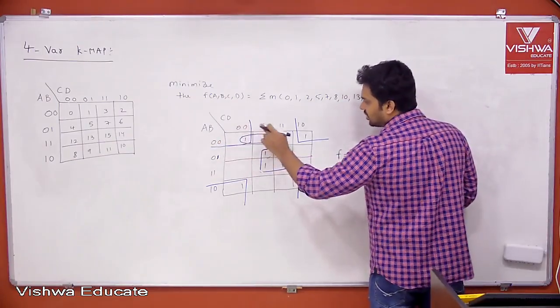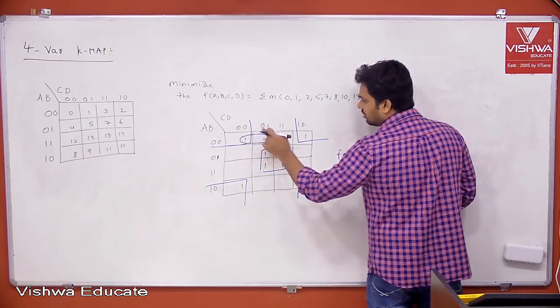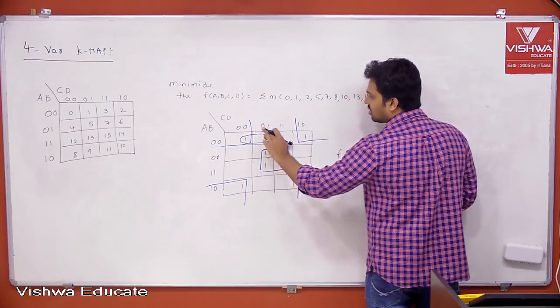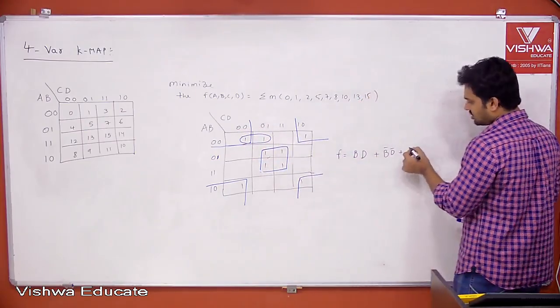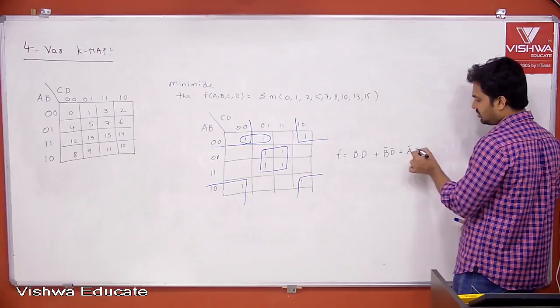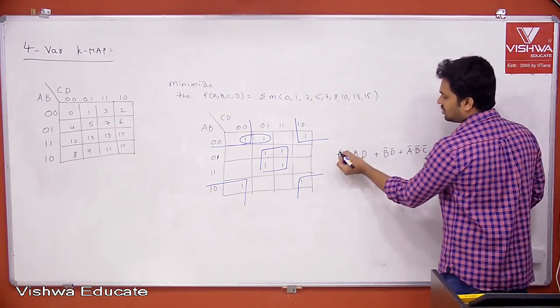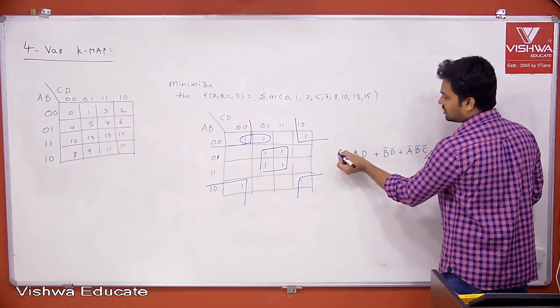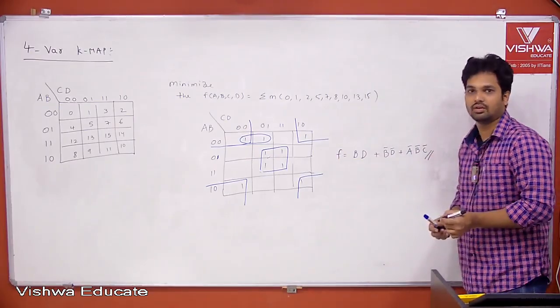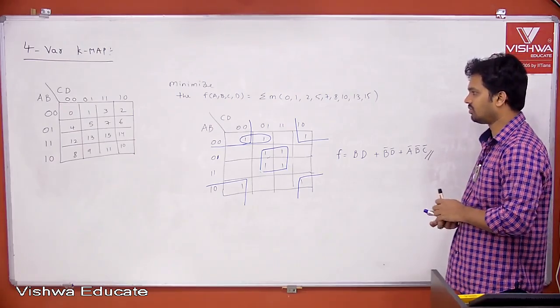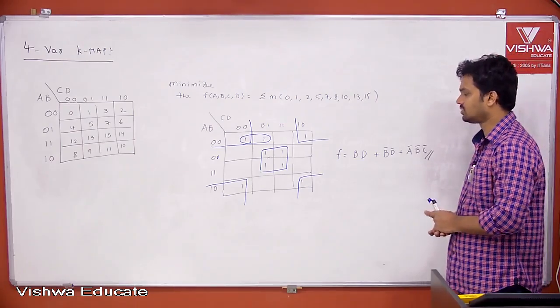And what is common in these 2 elements? First 0 is common, that is C bar. So what is the expression? A bar, B bar, C bar. So this is my function f. Okay, copy it. That is about your 4 variable K-map example. Please copy this.